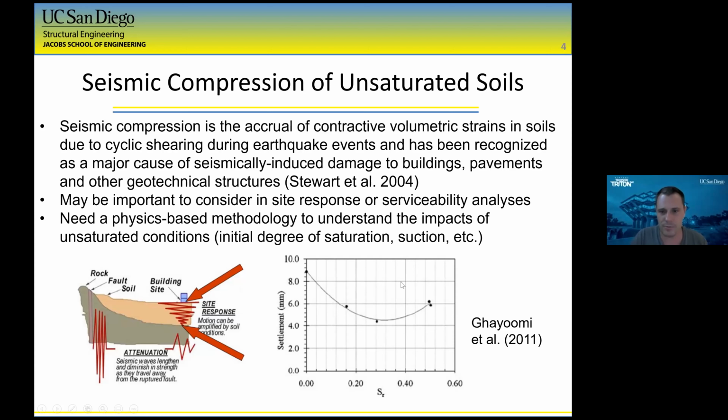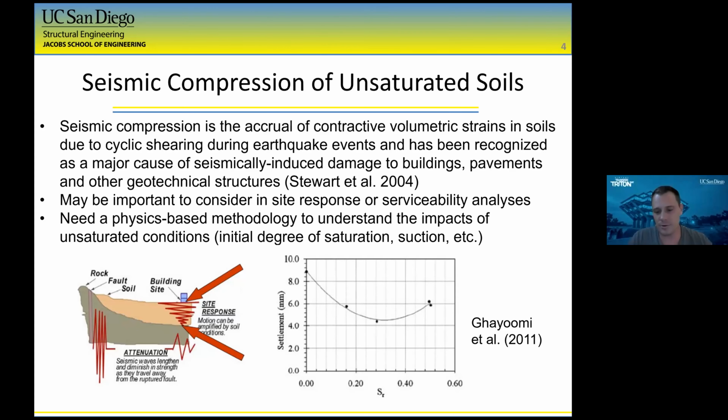These are just some of the typical results from the centrifuge tests that I mentioned before. You could look at seismic compression from a dry soil, a saturated soil, or an unsaturated soil perspective. From the dry soil side, you're basically collapsing the dry soil and collapsing the voids. From the saturated perspective, you're going to be building up pore pressures, potentially liquefying the soil.